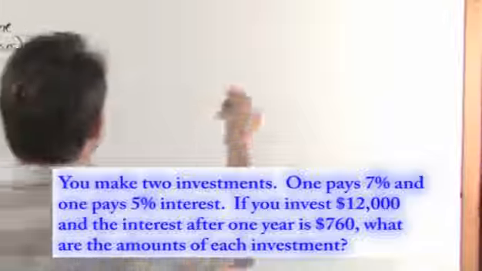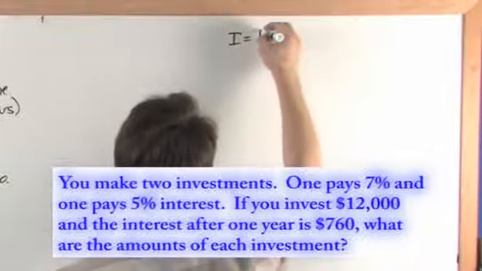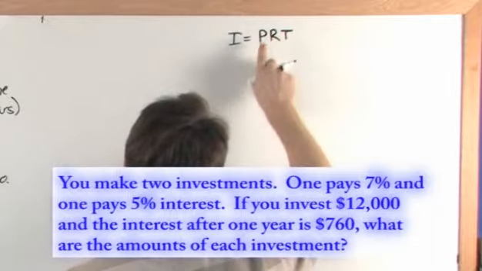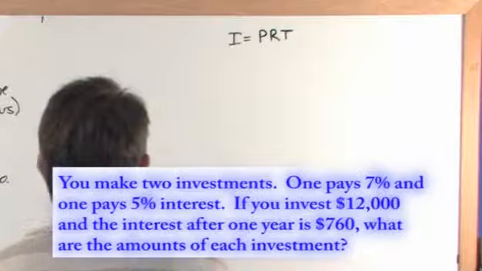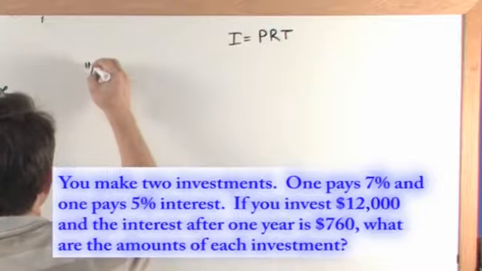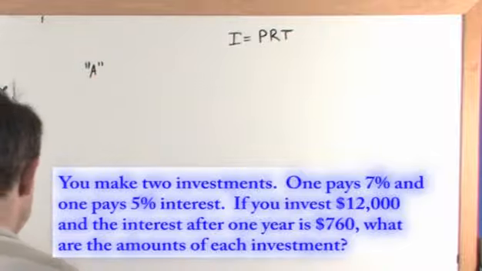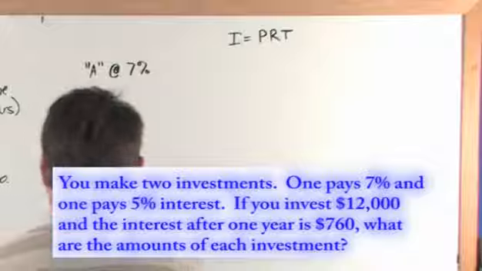So in these problems, when you know you're dealing with interest, I always like to write the equation down again, PRT, principal times rate times time. This is the interest earned. So you have two investments that we're going to talk about here. You have investment A, I'm just going to call the first pot, at 7% interest.